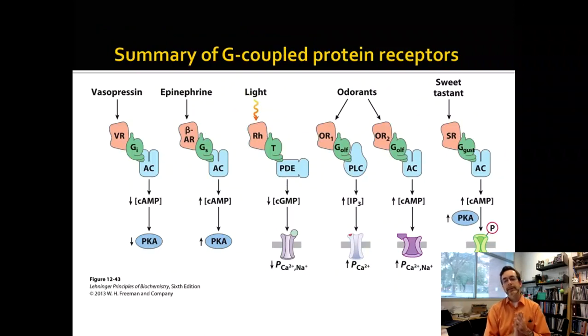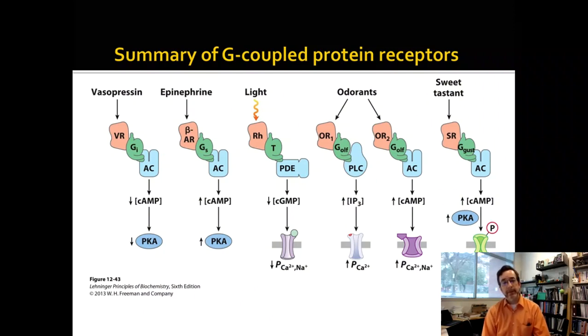So all this is put nicely together in this summary figure, which shows you kind of what you need to know, especially the top half of this figure. And it even shows you an odorant pathway that we don't talk about, the inositol phosphate pathway. Don't worry about that one. But look at all of these where you have a GI vasopressin, you have a GS epinephrine, and those both signal through PKA, but they have the opposite effects on cAMP.